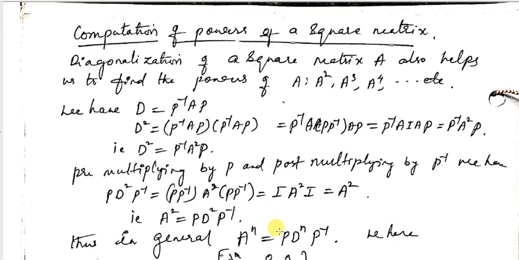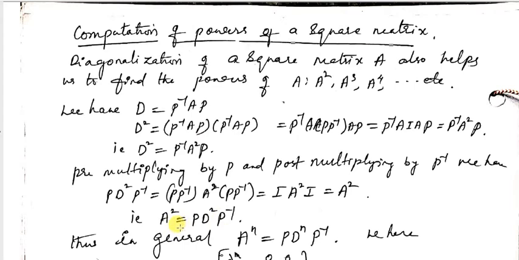Here, D is equal to P inverse AP, then D square is equal to P inverse A square P. So we can establish the relation to compute the powers of A. Just by pre-multiplying by P and post-multiplying by P inverse to the relation D square is equal to P inverse A square P, we get A square is equal to P D square P inverse.